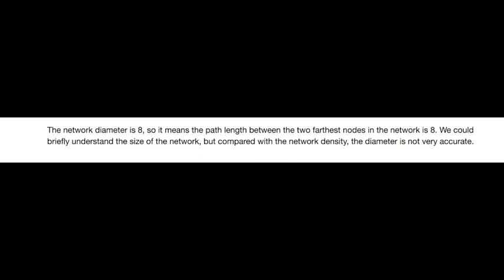So it means if one person in the network wants to reach another person, it will at most need 8 introductions of people to know another person. So it briefly gives us an understanding of the size of the network, but it's not as accurate as network density if you want to know the size of the network.